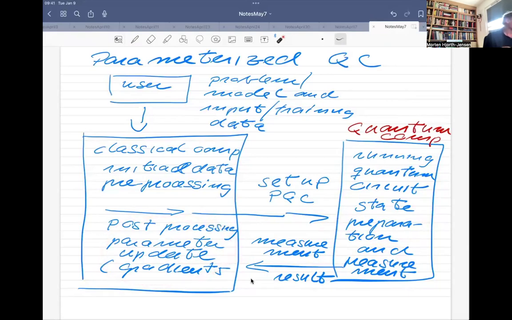So this is a kind of classical quantum hybrid algorithm where we would have a specific part which deals with the quantum circuit, the state preparation, and the measurements. And then after the measurement, we have a specific result, and this is fed in here. We update the parameters and then go back and forth till eventually these gradients do not change by more than a quantity which is set by us in an iterative fashion.